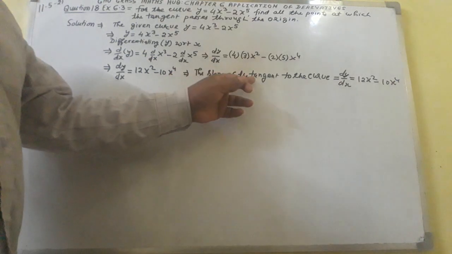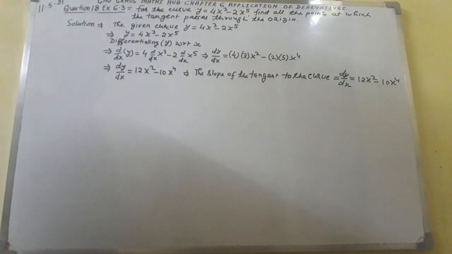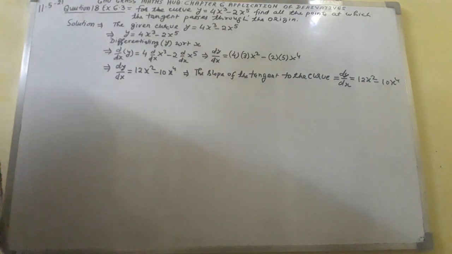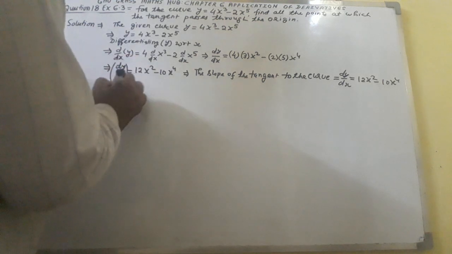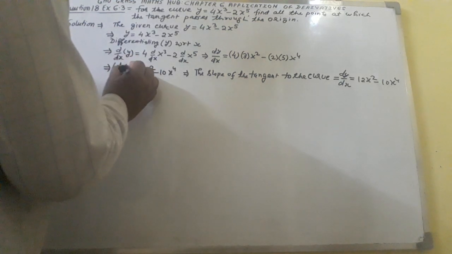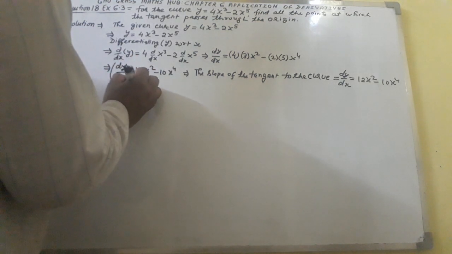Now the equation of tangent I shall write. The slope of the tangent to the curve, dy over dx at point (x, y).